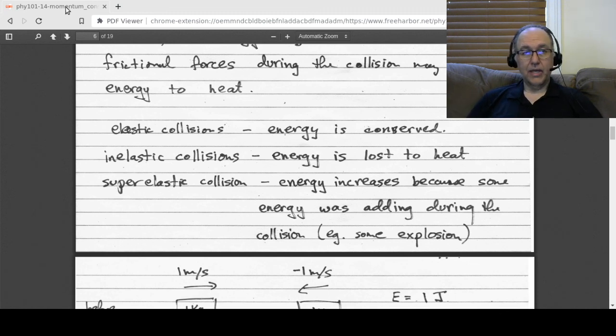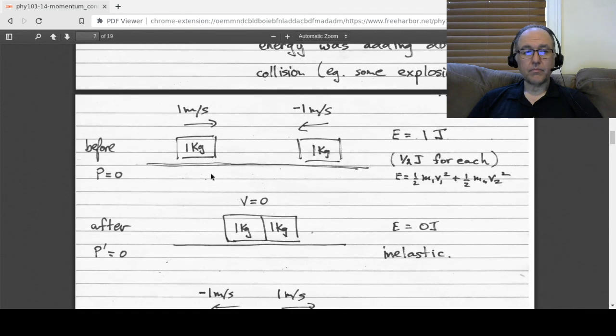All right, so I have one before picture, and here's my before picture. This is really simple to do the math, so we could just even do it in our heads. Okay, so before, the total momentum in this system is 0. Why? Let's take a look here. We have a 1 kilogram mass traveling at 1 meter per second to the right, and we have a 1 kilogram mass traveling at 1 meter per second to the left. Okay, very symmetrical situation.